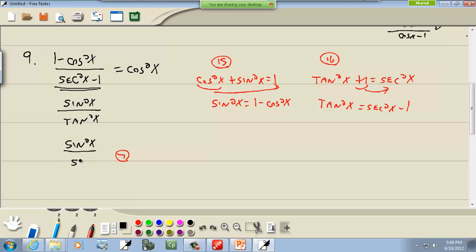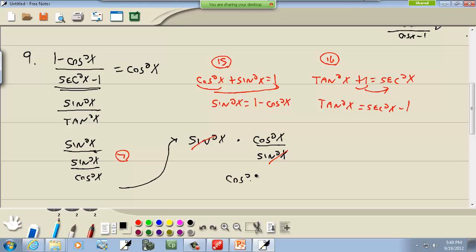So this becomes sine squared over cosine squared. Now, if you have a single fraction downstairs like we have here, you flip it and multiply it times your top part. So we've got sine squared times cosine squared over sine squared. Once we do that, these sine squareds cancel, and we're left with cosine squared, which is what we have on the right side.